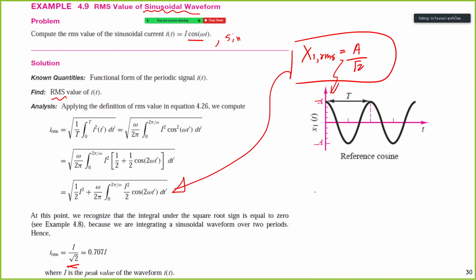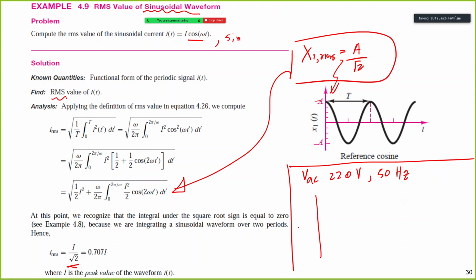And on the other hand, if we have the information, for example, that the voltage is AC 220 volt, 50 hertz, we know that in fact the waveform is in this shape, right? The waveform will have a peak of square root 2 times 220, or 311 volt, and 50 hertz means 50 cycles per 1 second.